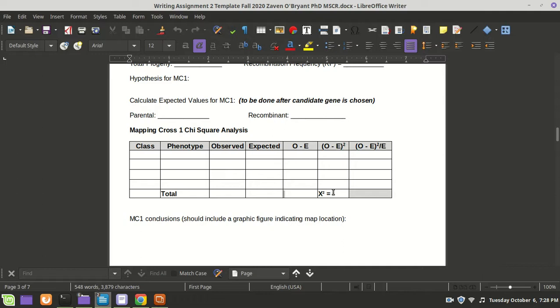Okay, so remember, if your chi-square number comes out to be exactly 0, then you got no change. There was no change in anything. You got exactly what you were expecting. If you go over this magic number, you got something other than what you were expecting.